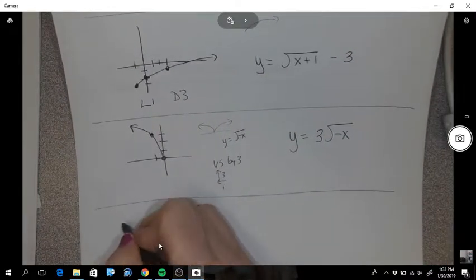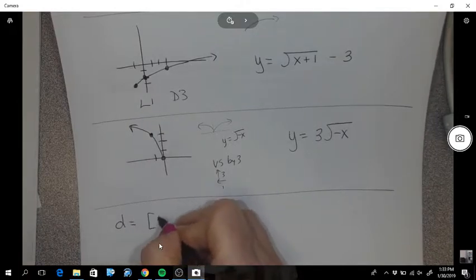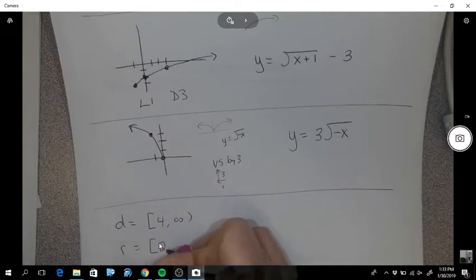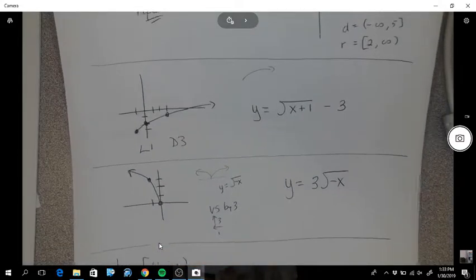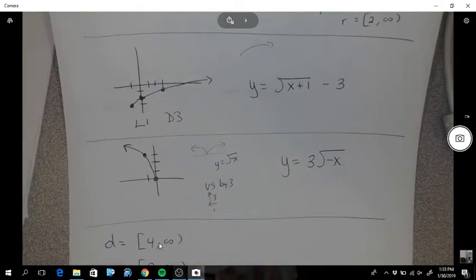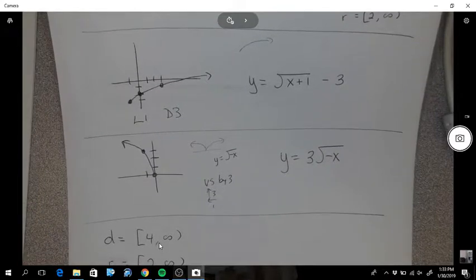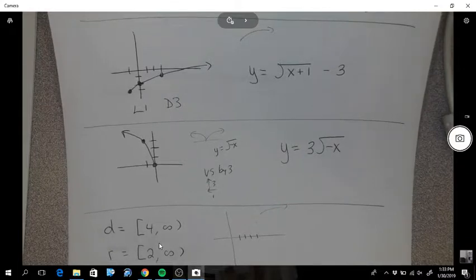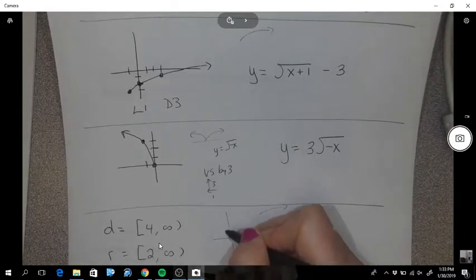Find an equation if I only give you the domain and the range. Okay, so that means if the domain is from 4 to infinity, then I would have had to start here and go to the right. And my range is 2 to infinity.